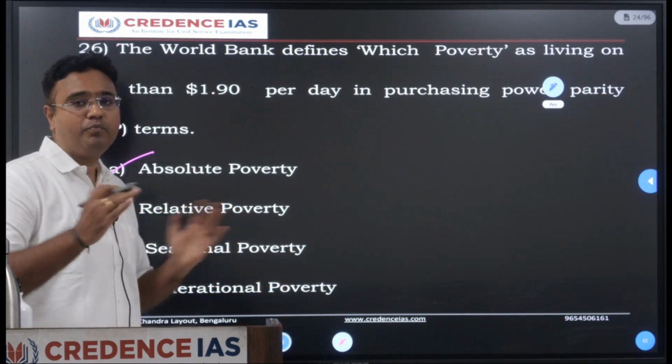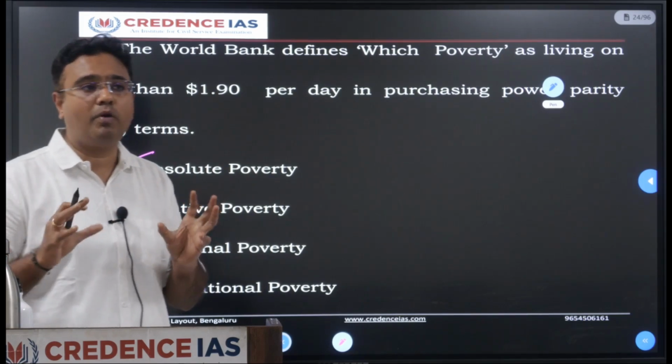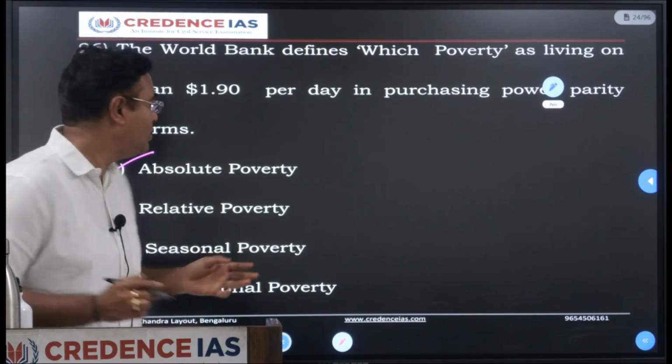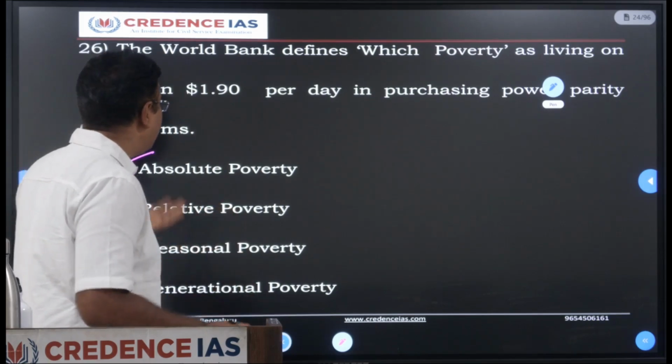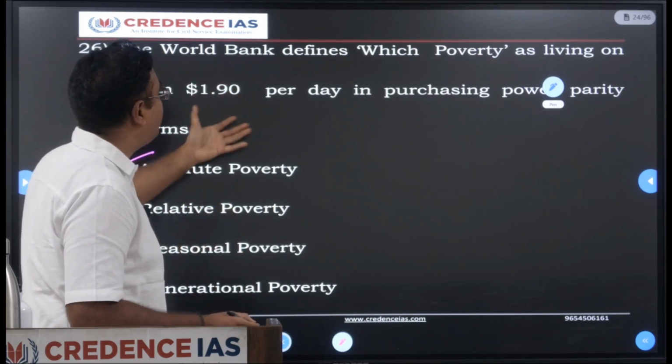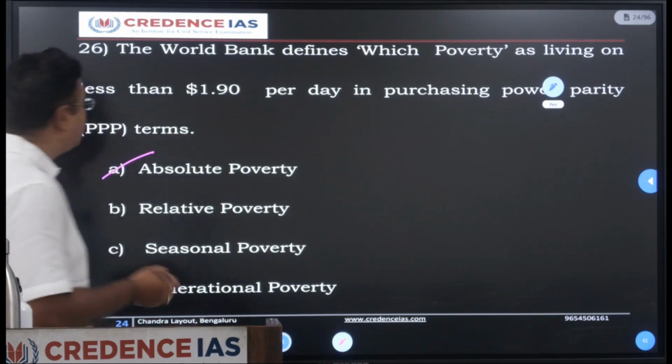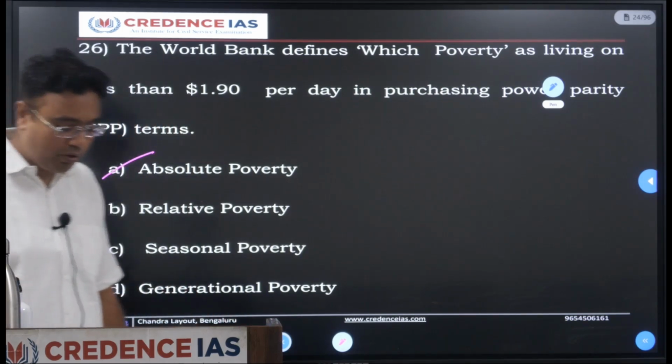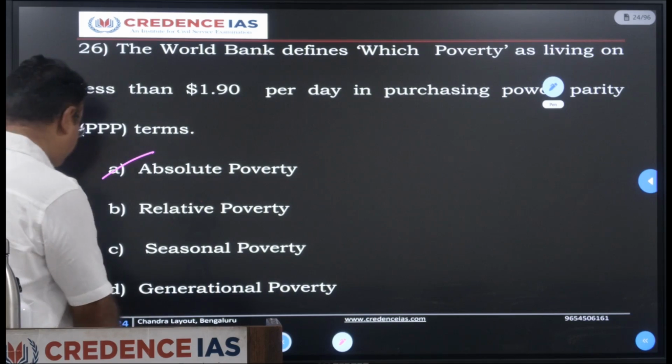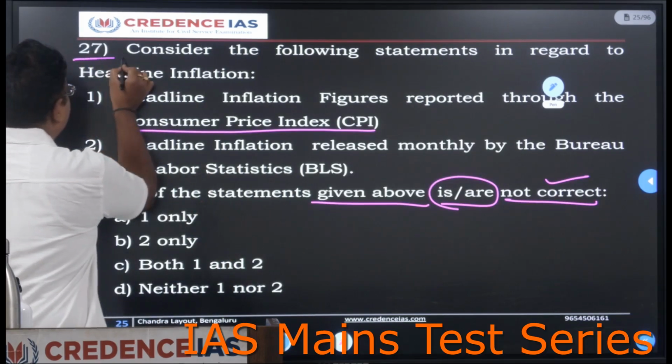Relative poverty is when poverty is compared with specific reference. So when the World Bank defined it as $1.9, it is majorly talking about absolute poverty. We will go with the 27th question.